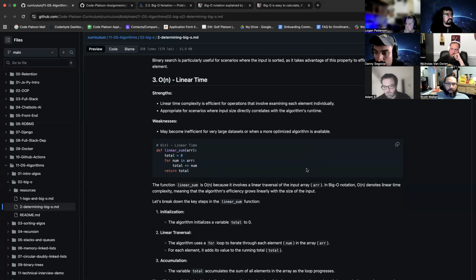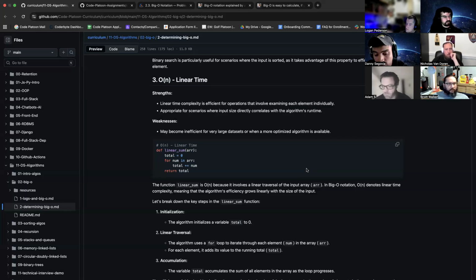You use the same nomenclature for time and space. O of n log n. No. How much space is this function taking up? You've probably never been asked that question before. But let's start there. How much space is this function taking up?